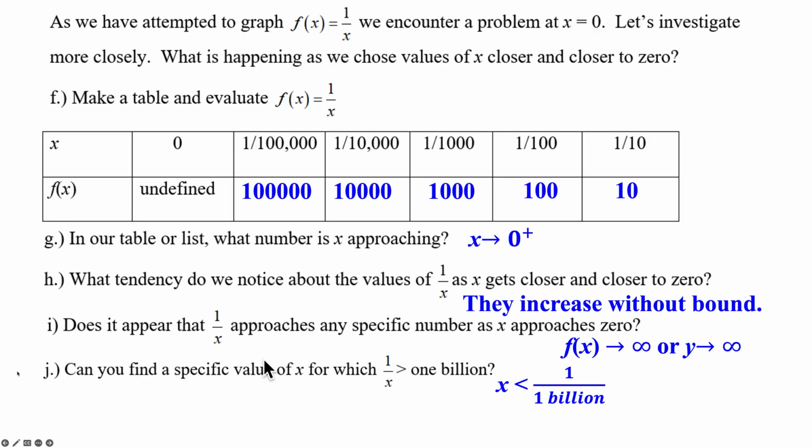And then for j, again, if we want a value 1 over x that's greater than 1 billionth, we want to put in 1 over 1 billion, but we want to put in something less than that to make something bigger. Because remember, we're going to multiply by the reciprocal of that, so that overall value becomes a billion. So if I put in 1 over 2 billion, I flip it for 1 over x, and now 2 billion will be greater than 1 billion.